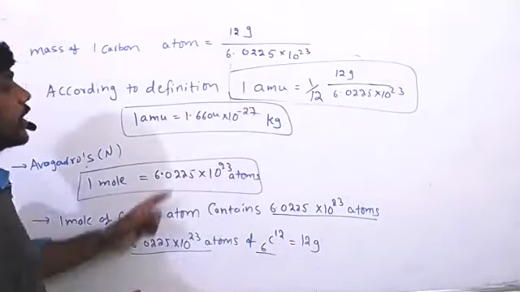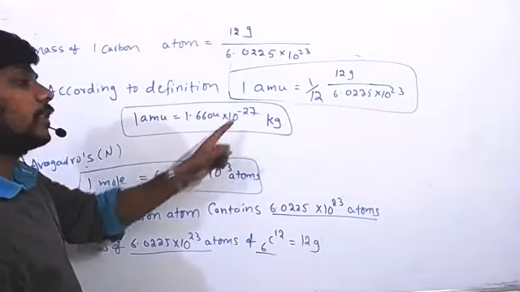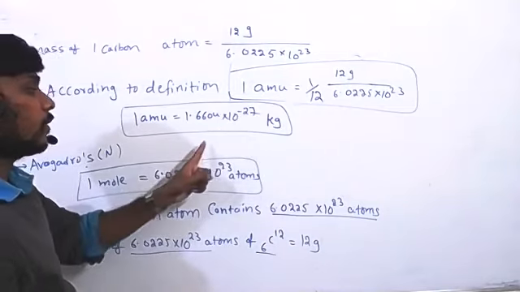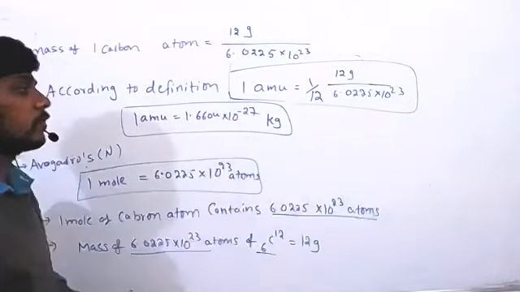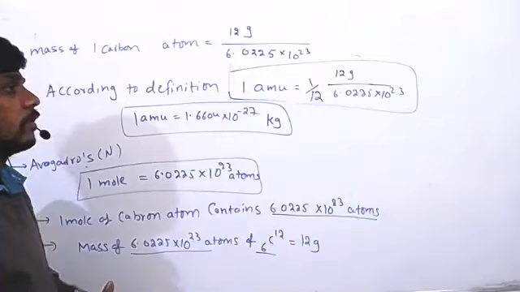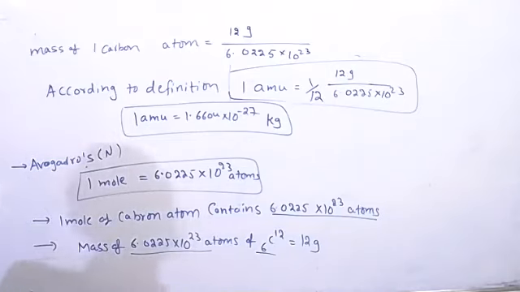You can understand 1.6 into 10 to the power of minus 27 means 0.000027 zeros, so that much of very small one atomic mass unit. Remember this. That is what an atomic mass unit is.